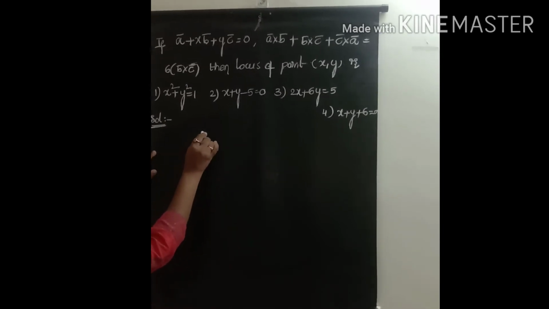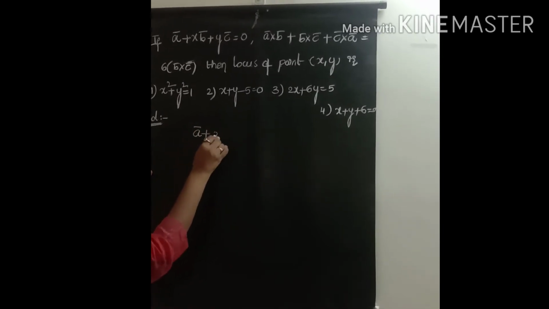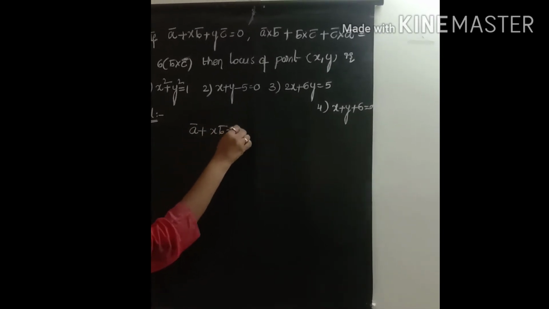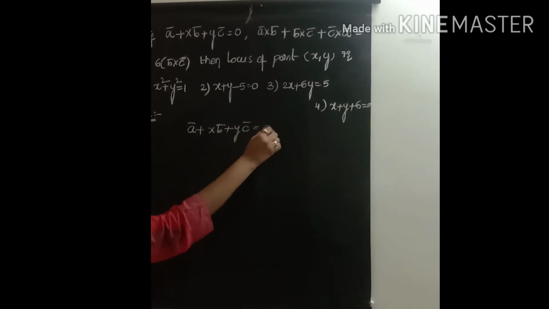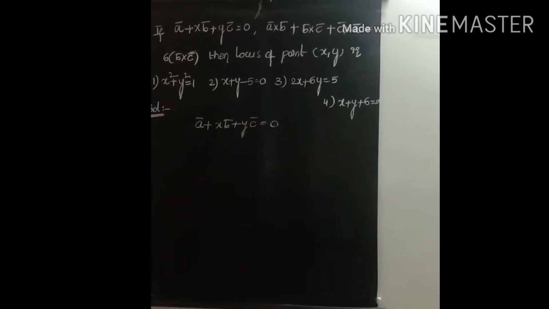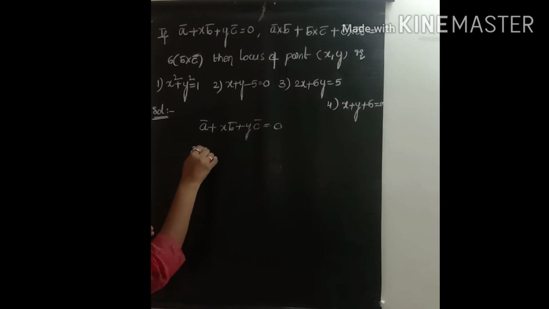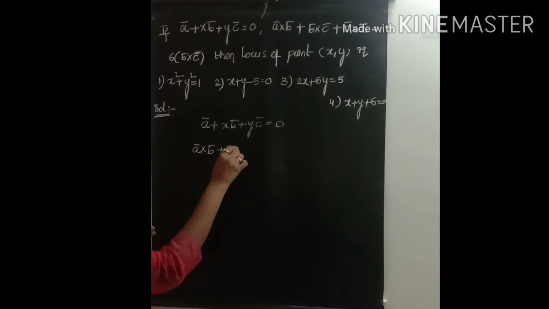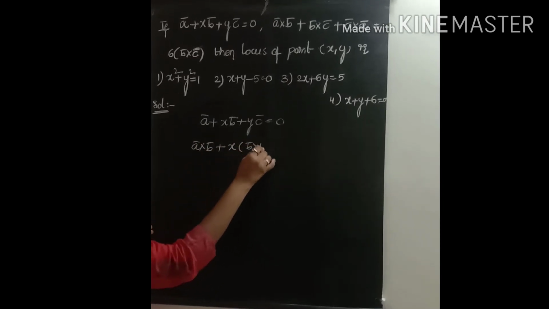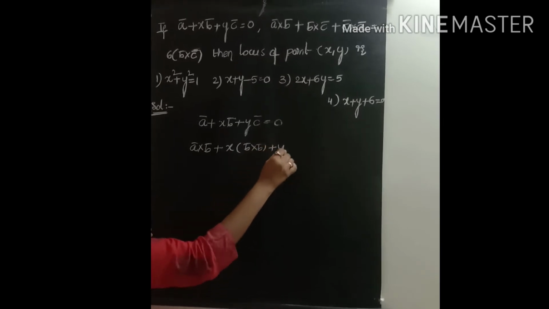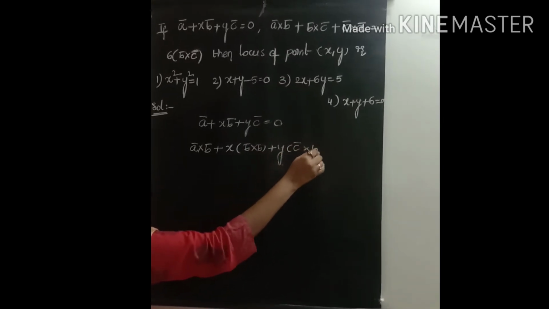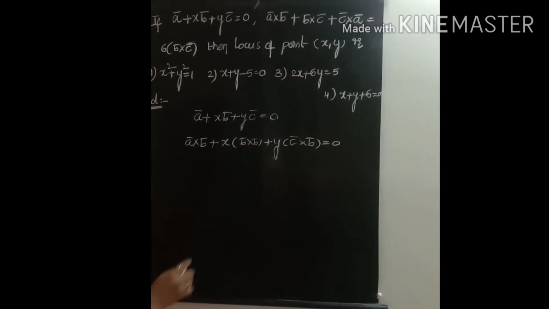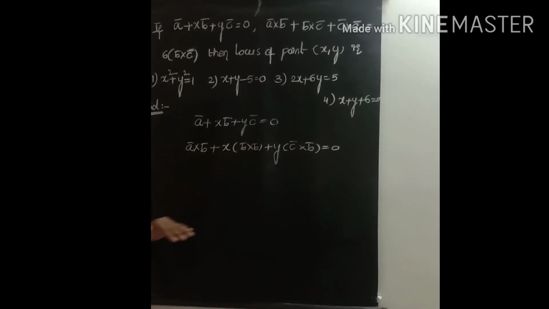So the first equation is aā + x b̄ + y c̄ = 0. First I am applying cross b to this equation: a×b + x(b×b) + y(c×b) = 0.